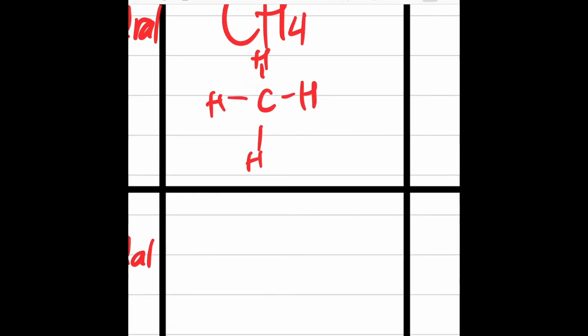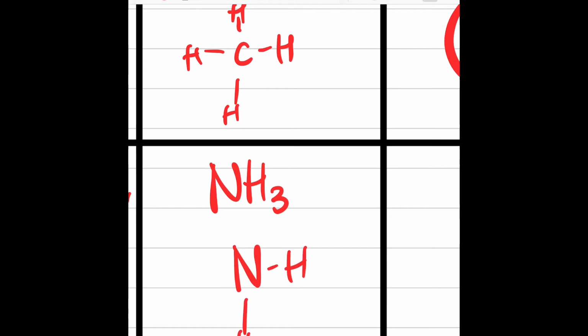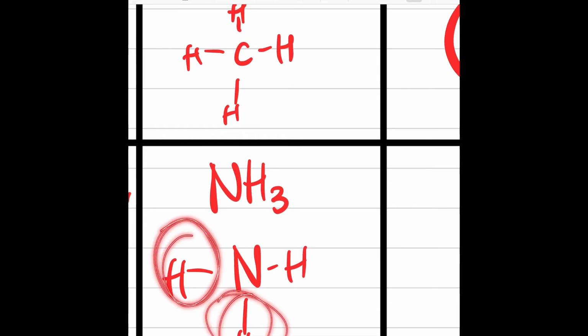There's only one that's like this. This one has a lone pair on the center atom. A great example of this one would be NH3: nitrogen in the middle, hydrogen, hydrogen, hydrogen. If you do the math, you need 4 dashes. Well, I said earlier that hydrogen can only ever have 1 dash, so I can't put any other dashes on hydrogen.